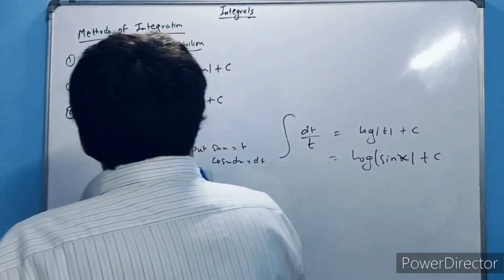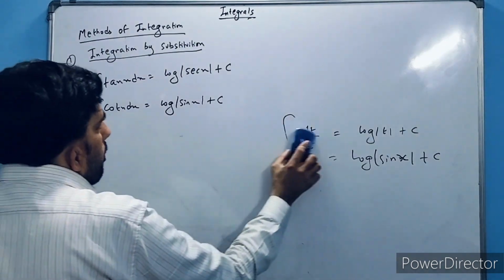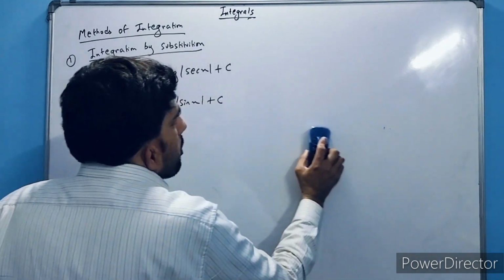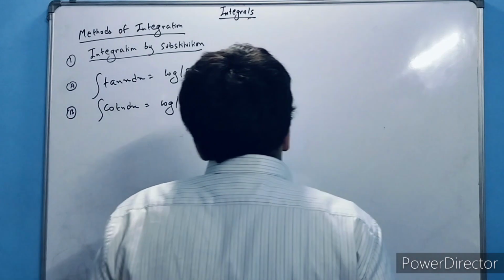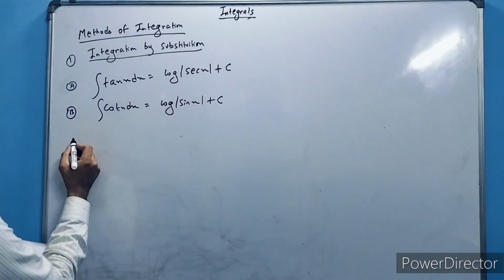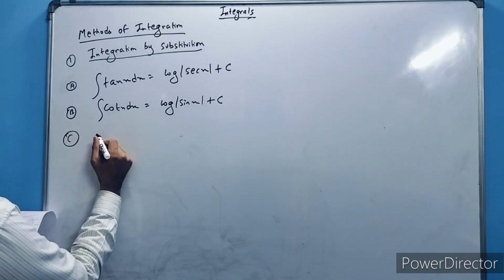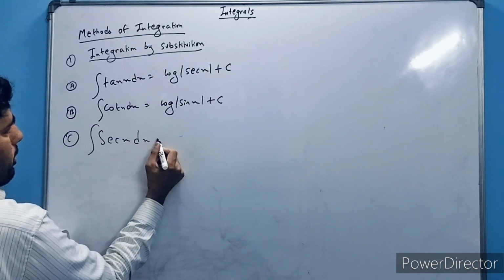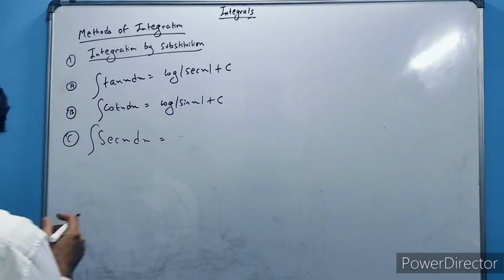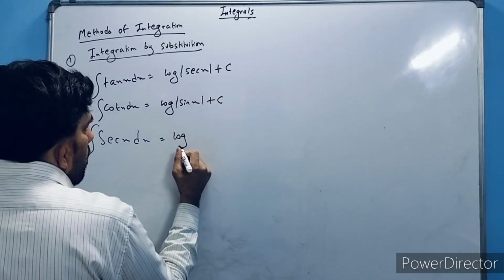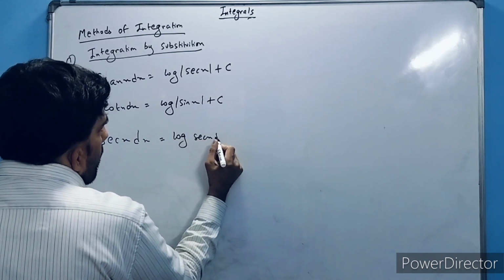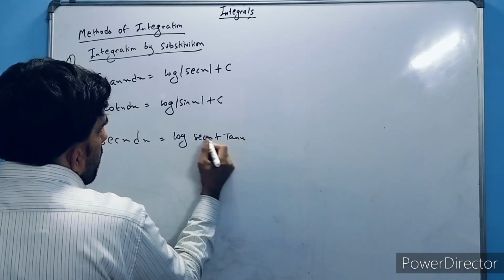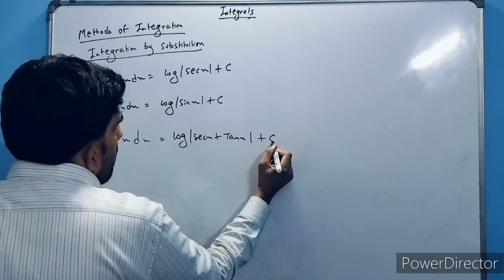So we have now two formulas here. Now let us move to the third formula, which will be applied in the numericals, that is the integral of sec x dx, which is log sec x plus tan x plus c.